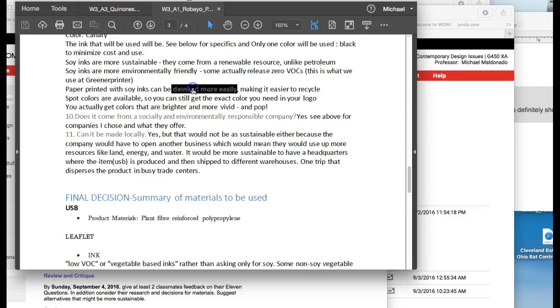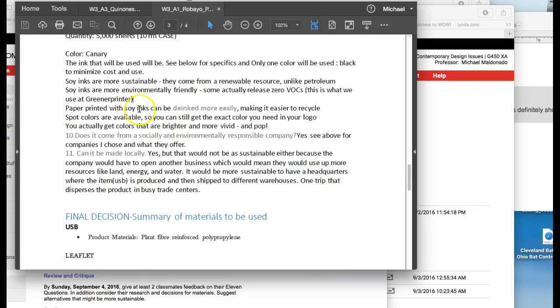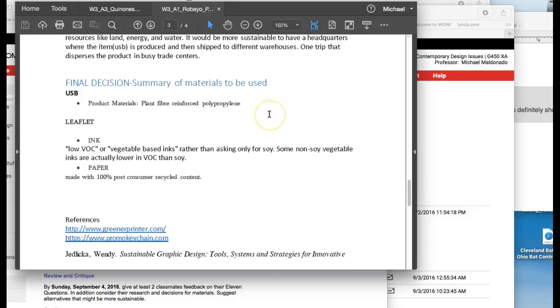Almost like that, but saying that according to so-and-so, paper printed with soy inks can be, or according to this source, or according to that source. Okay, instead of just saying soy inks are more sustainable. Okay, I think you get the idea.